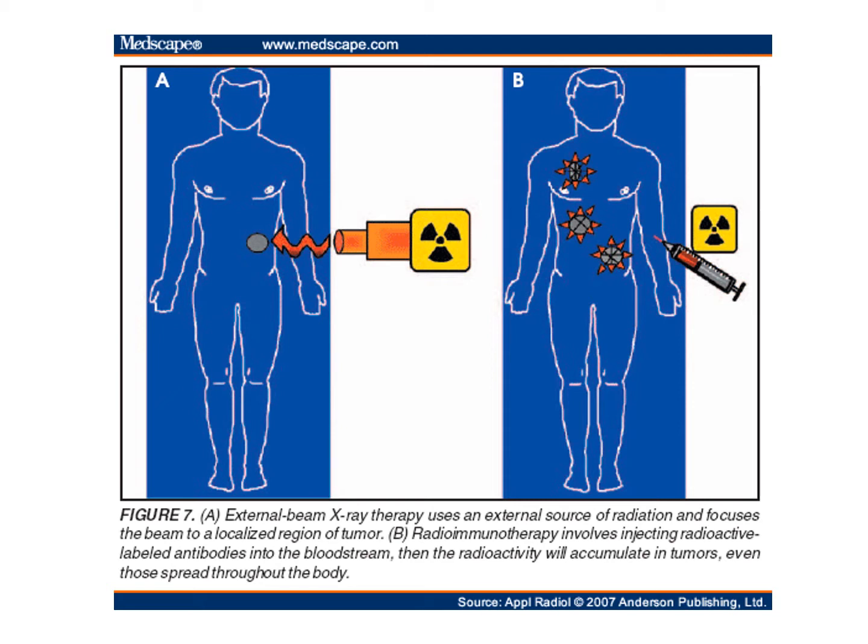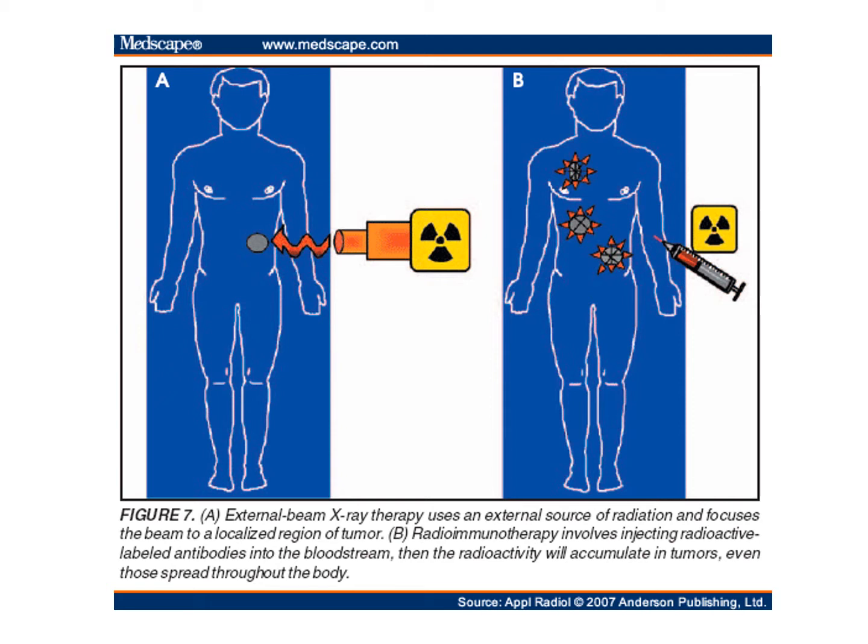For the radiology department, they will have the radioactive source from the machine that emits and radiates to the tumor cells inside a patient's body, meaning to say the radiation comes from outside the body and focuses into the localized region.